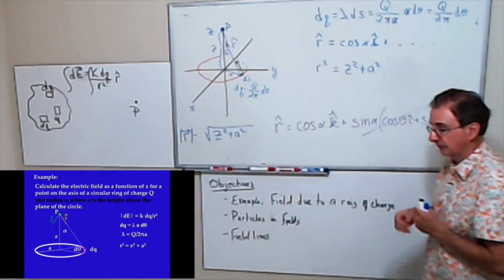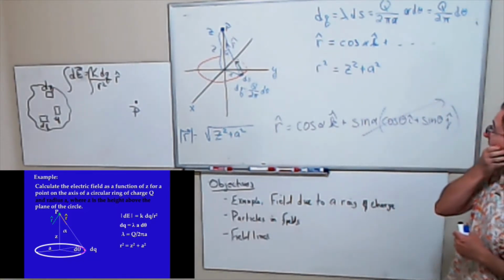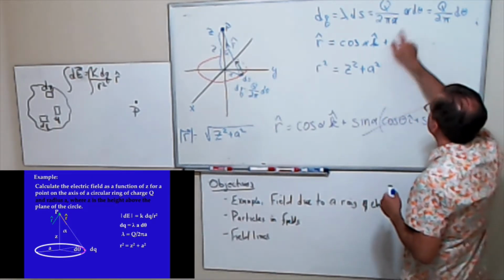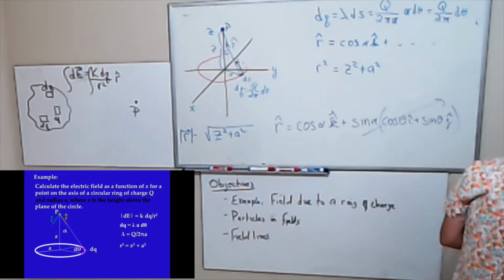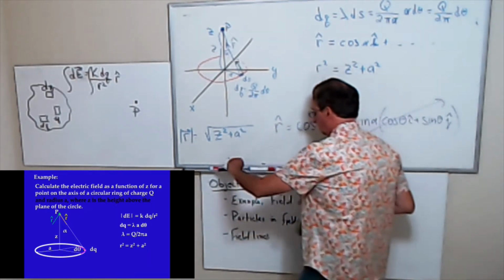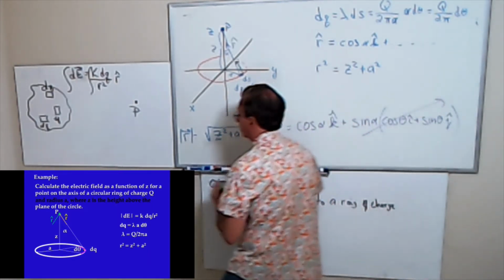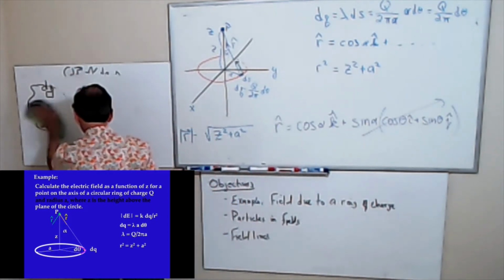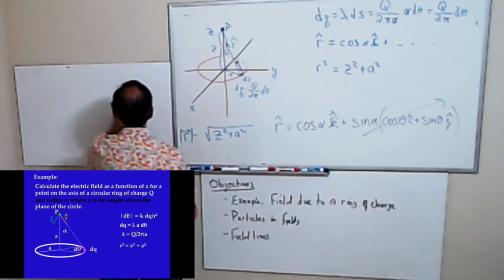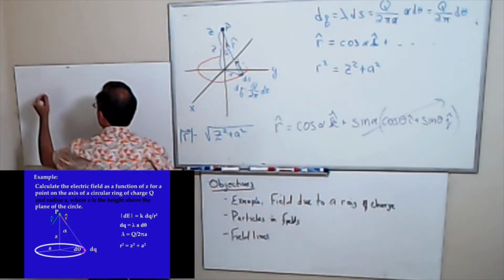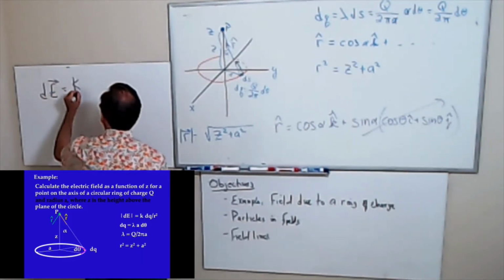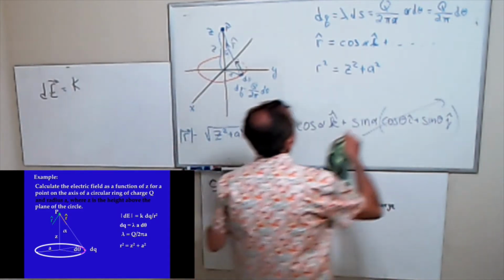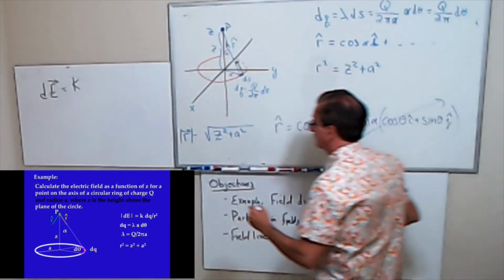Okay. All right, so I have this, and I have this. So all I got to do is put it all together. So let's put it all together. Okay, and then my dq is this.